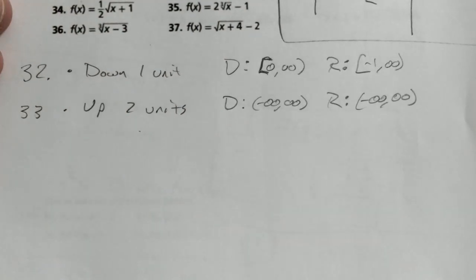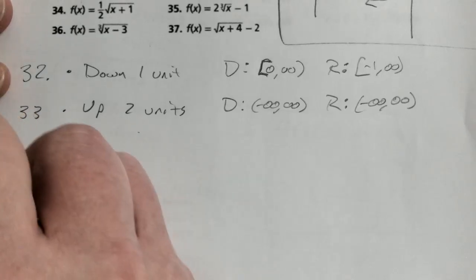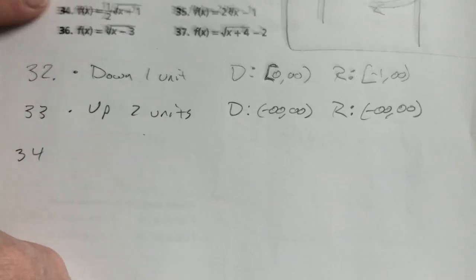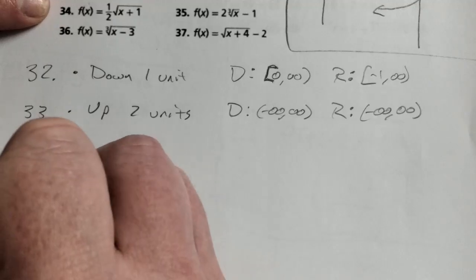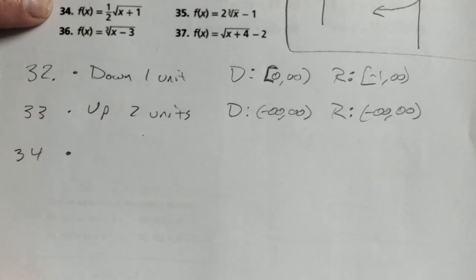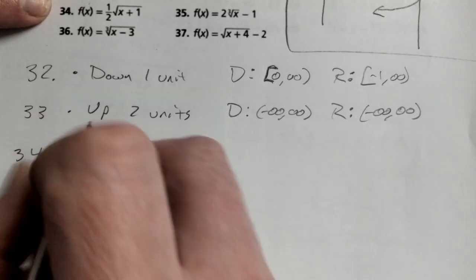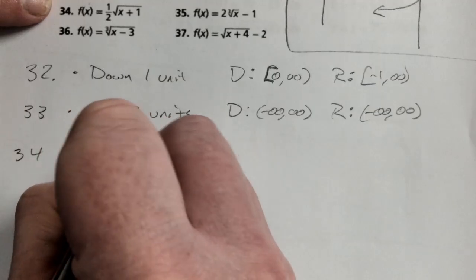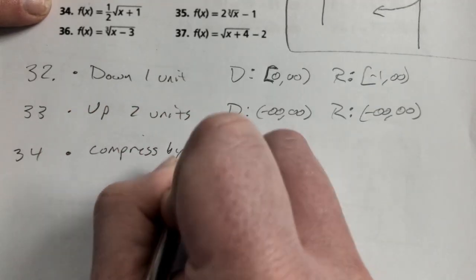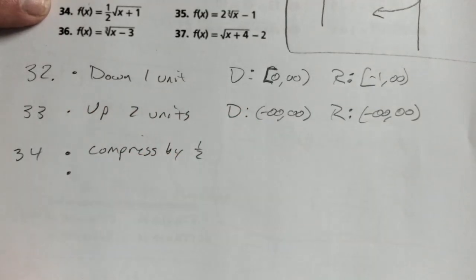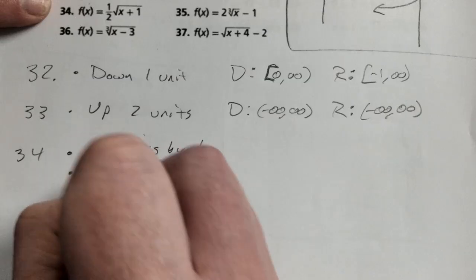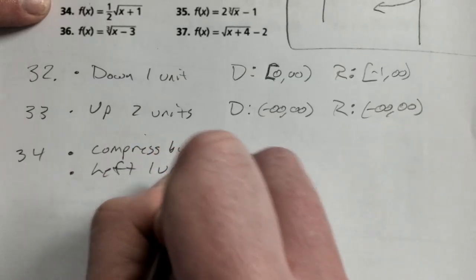Here we go! Connor, 34. How many transformations do you see? Name them. Stretch by 1/2. Or compress. Yeah, we're going to compress by 1/2. What's the other one? To the left. Yes, good. Left 1 unit.